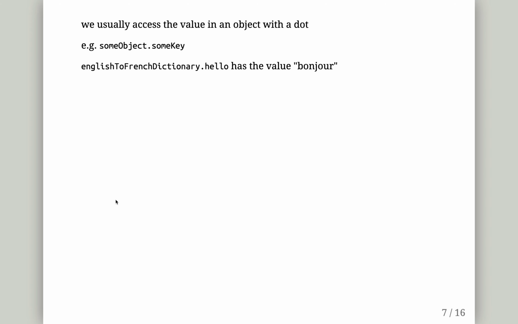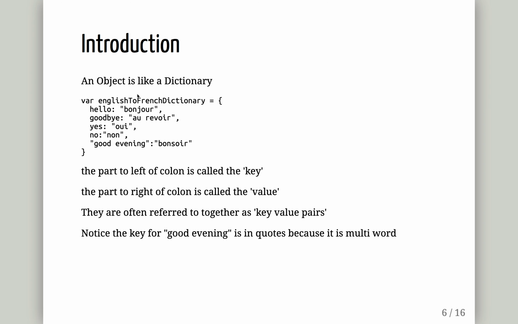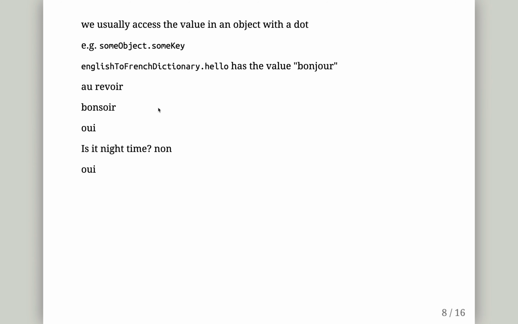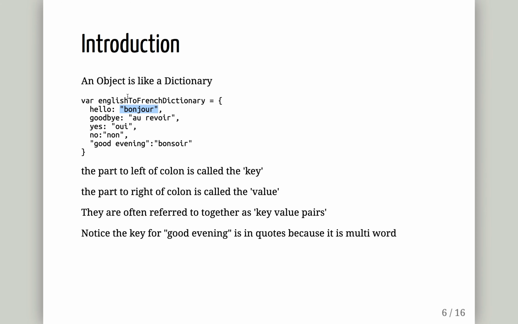That's the usual format. Example, English to French dictionary dot hello has the value of bonjour. Look back here, that allows us to say this object dot hello gives us the value bonjour, right? Okay? And then, au revoir, bonsoir, let's try it out. Can we get these values? How do we get au revoir? Let's go back here and bring up some code.